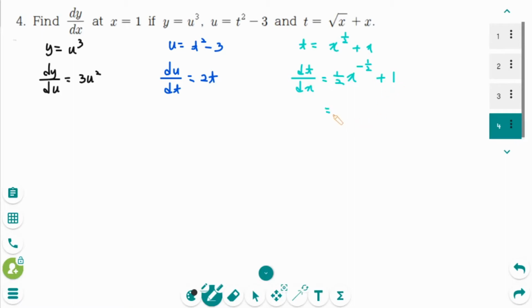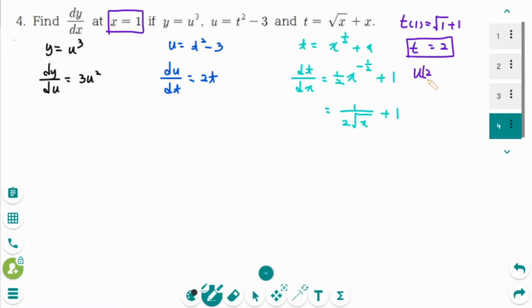Then we can rewrite as 1 over 2√x, plus 1. When x equals 1, t(1) equals √1 + 1, which is 2. So t equals 2. And u(2) equals 2² − 3, 4 − 3, which is 1. So u equals 1.